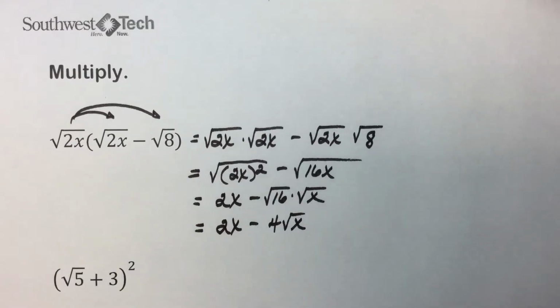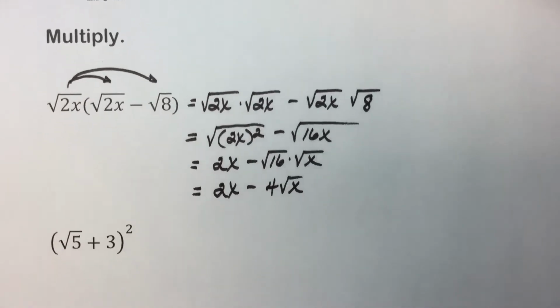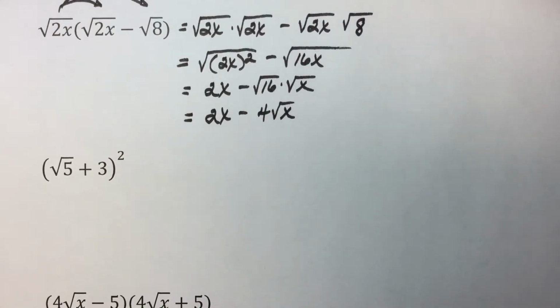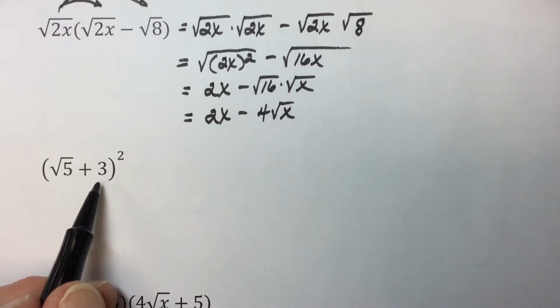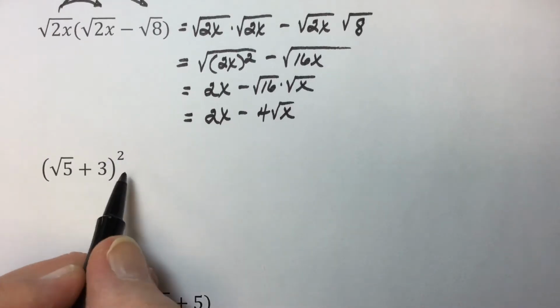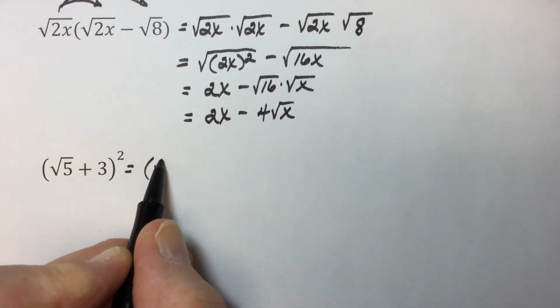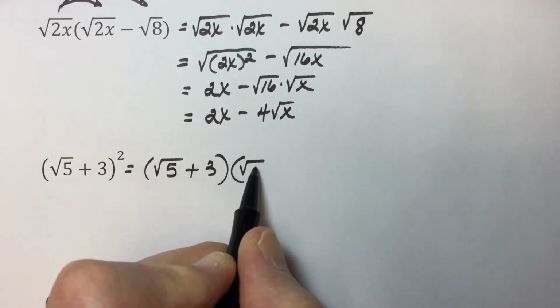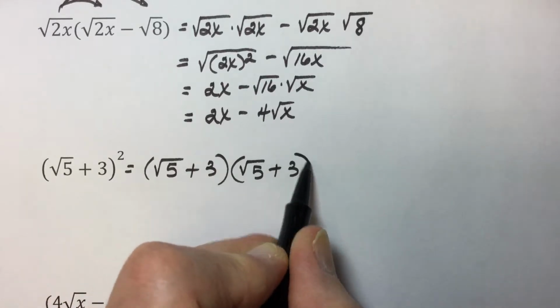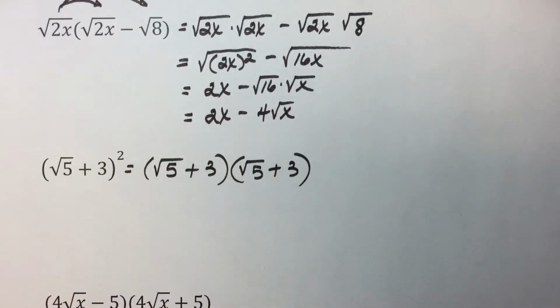In the next problem, we have a binomial-looking radical expression squared, which means we have square root of 5 plus 3 times the square root of 5 plus 3. Using FOIL, we'll simplify this multiplication.